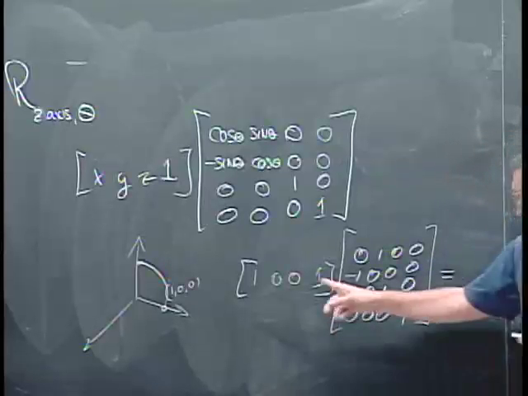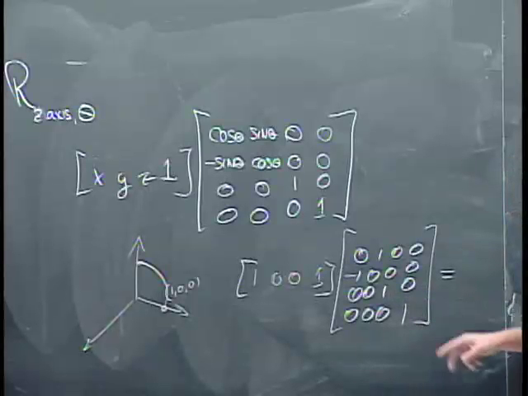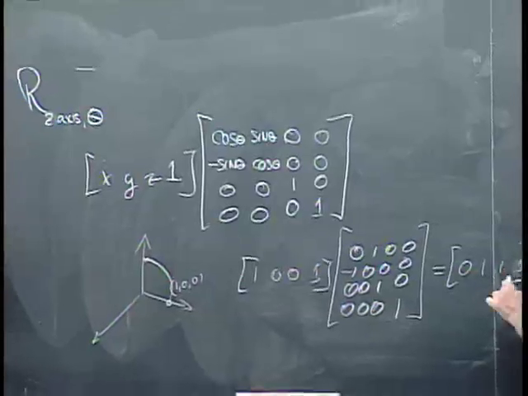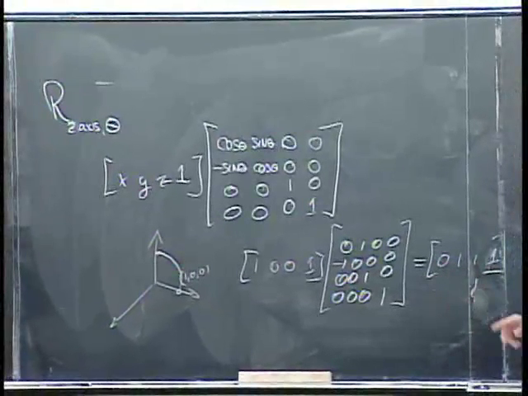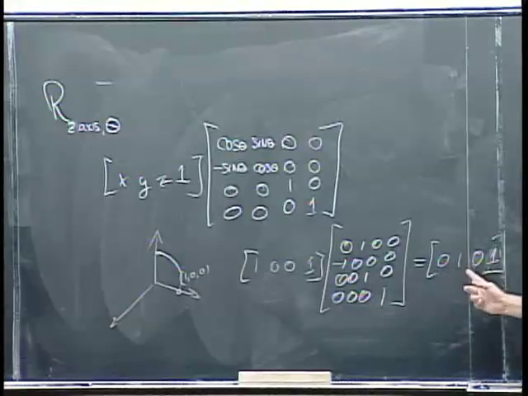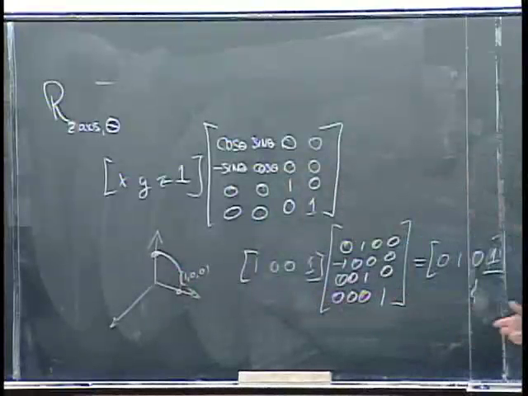And if I multiply these together, I get 0, 1, 1, and 1. No, that's not right. Let me try it again. There should be a 0 there, right? Too close to the board here. So 0, 1, 0, 1, and this is the point up here, right? So it did what it was supposed to. Okay, rotated 90 degrees.